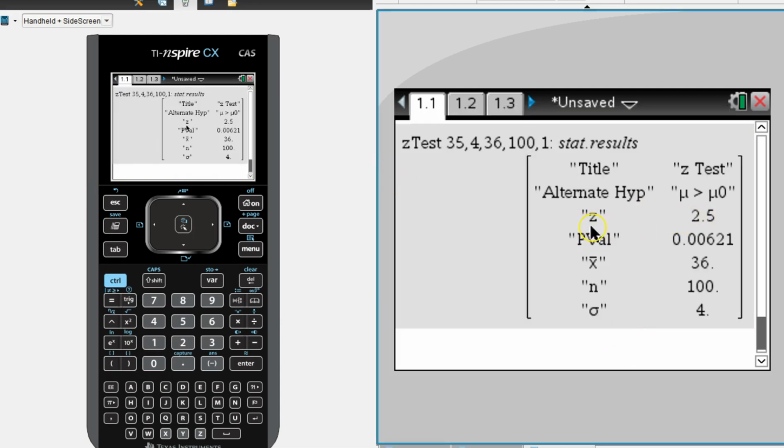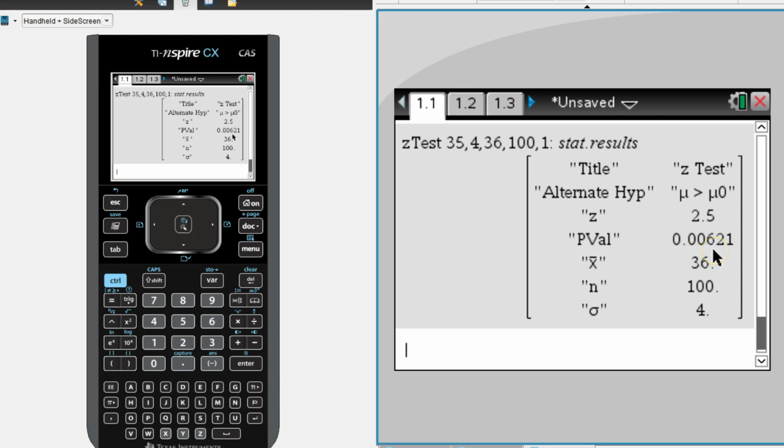Notice the z numbers match. The p-value is a little different, but the conclusion would have been the same. So be careful. If you run the wrong test, just make sure you do everything else right. You're going to lose some points for that, okay? But notice this really isn't that far off.